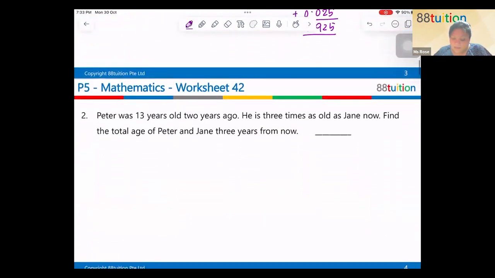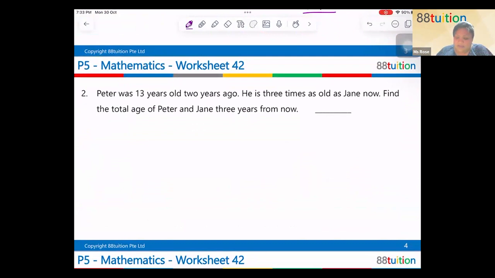Now number 2. Number 2 is an age question. So typically, when we have an age question, what kind of change is this? Can anyone tell me what kind of change, or what remains the same? Thank you, Gordon. So same difference.